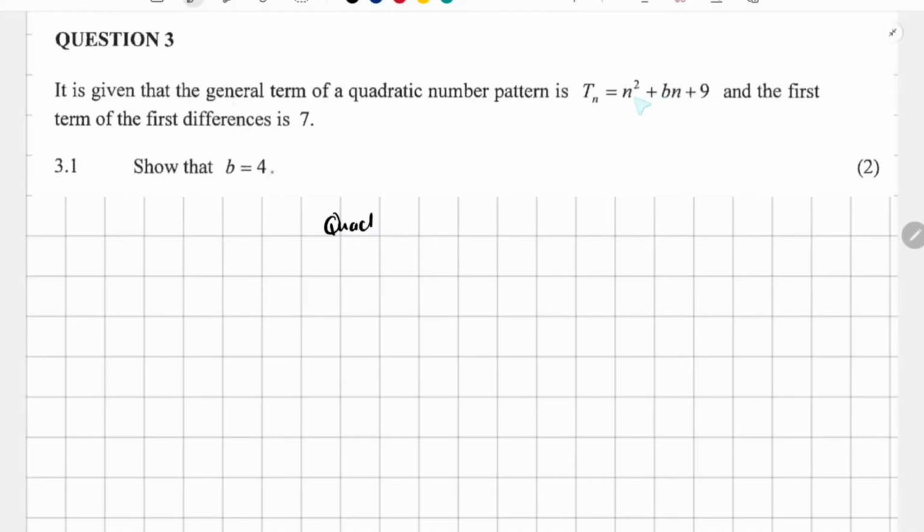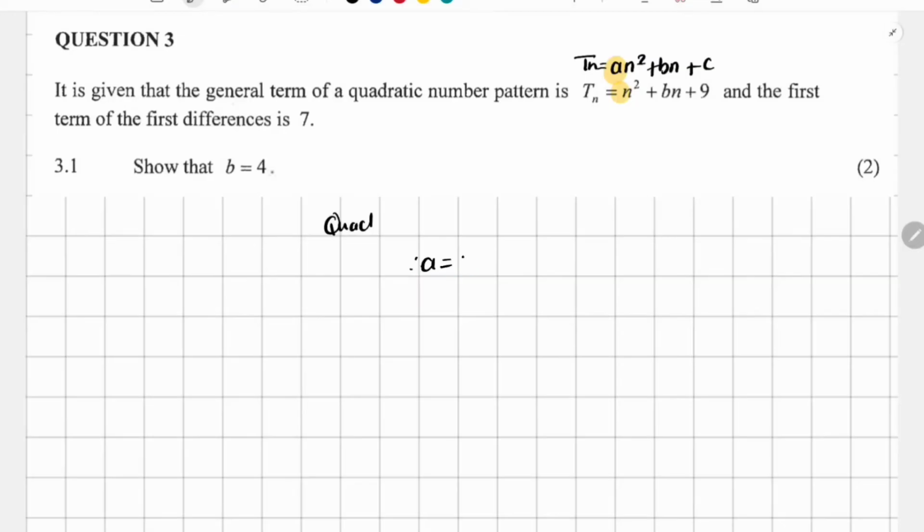We only have this. Okay, so they only told us the value of clearly a and the value of c, because remember the quadratic pattern is in the form of Tn is equal to an squared plus bn plus c, right? So it means that they gave us the value of a. So a is equal to that invisible 1 that is over there. So we know what a is. a is equal to 1.